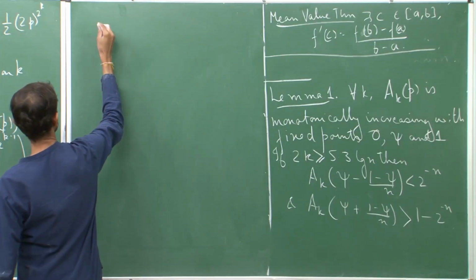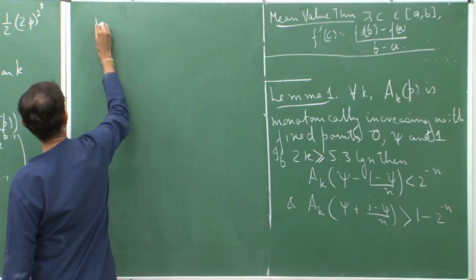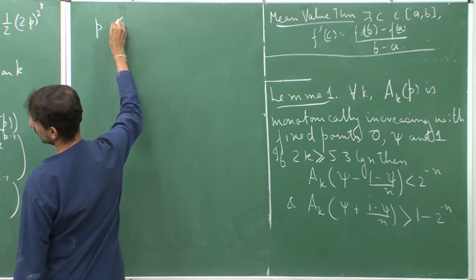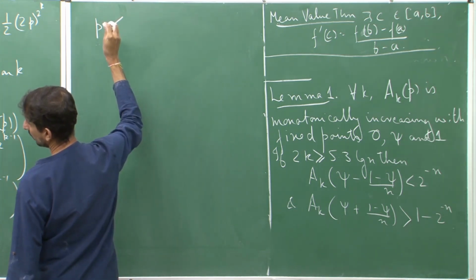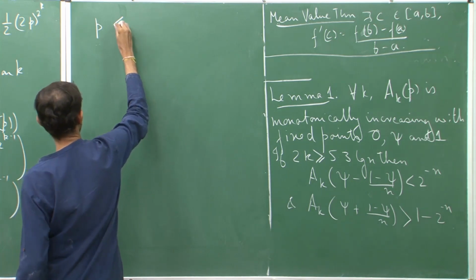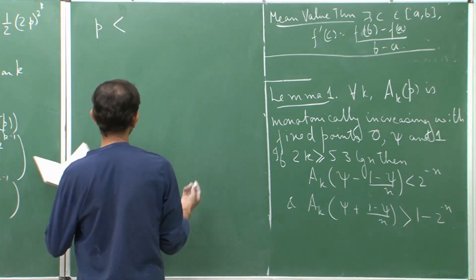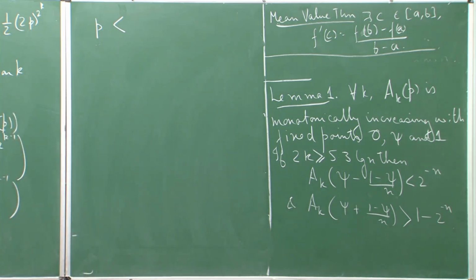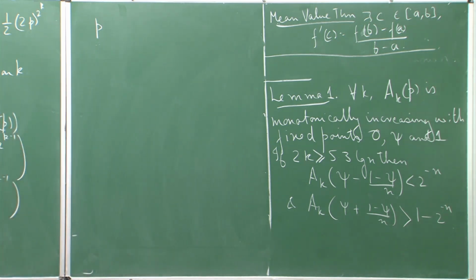So, what this gives us is that if I take p to be, let us say 1/4, for example, or even less than 1/4 would be fine, but it is okay.